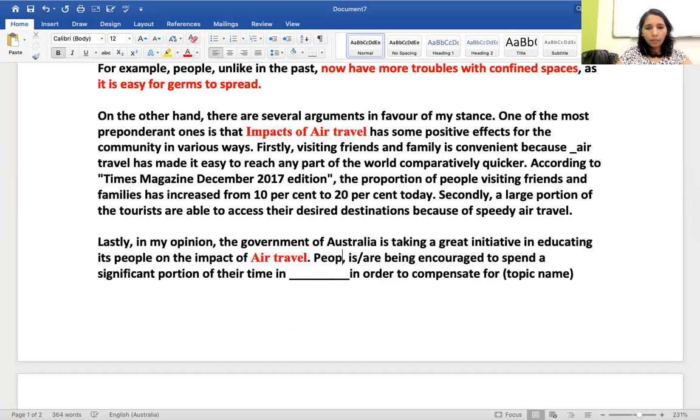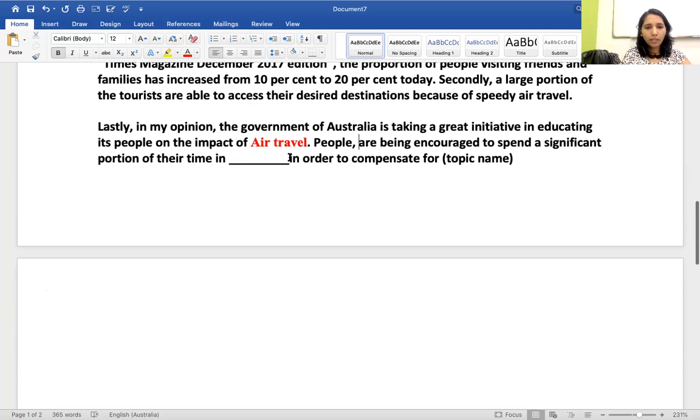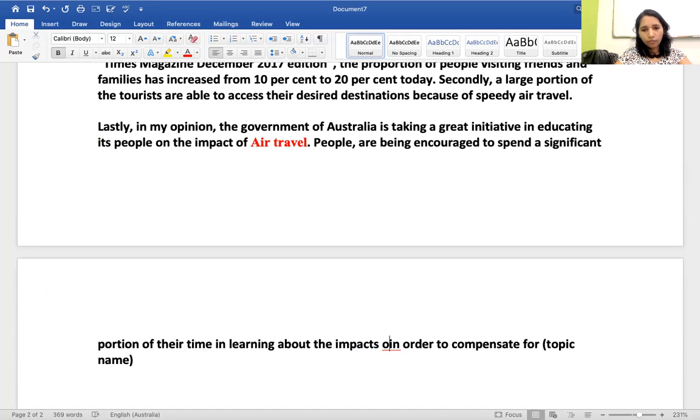So people are being encouraged to spend a significant portion of their time in learning about the impacts of air travel in order to compensate for the problems.